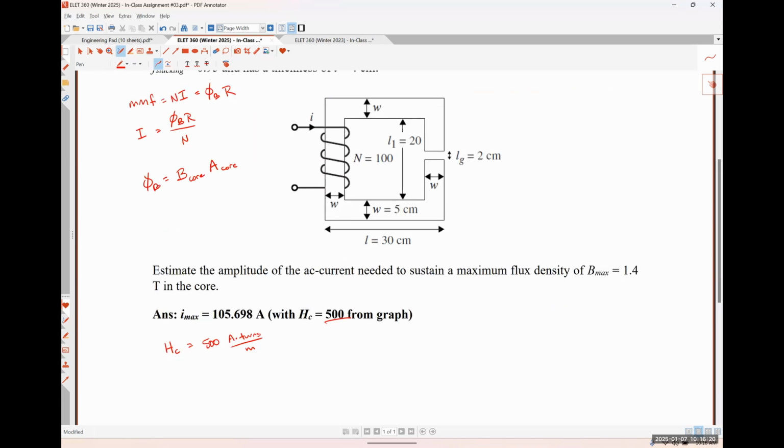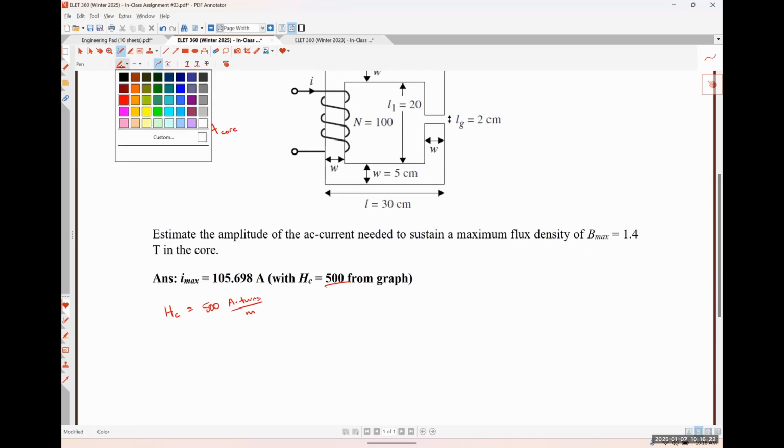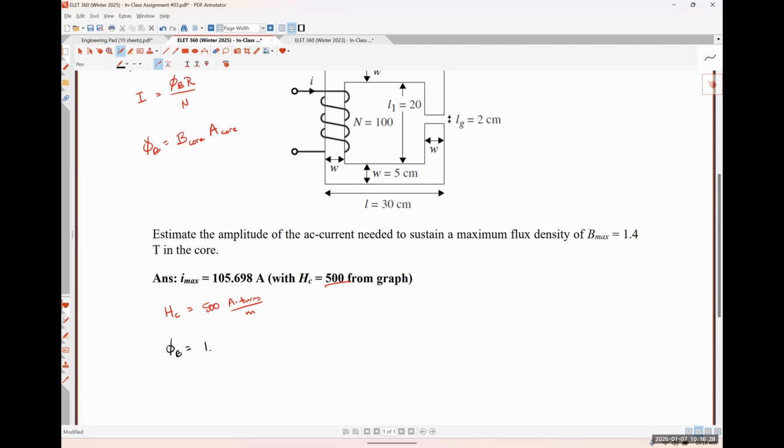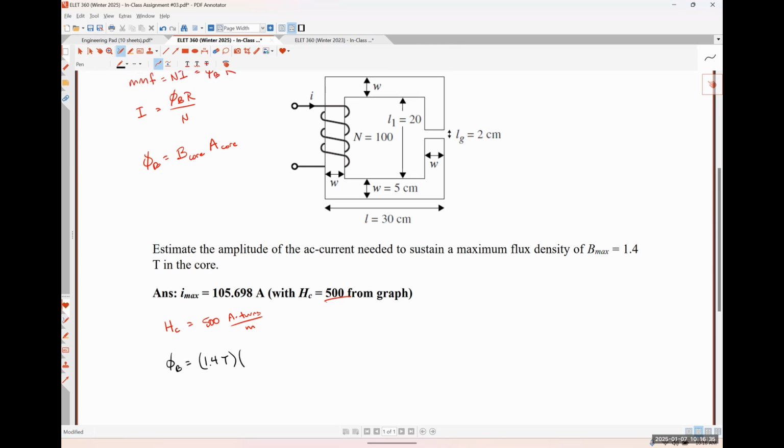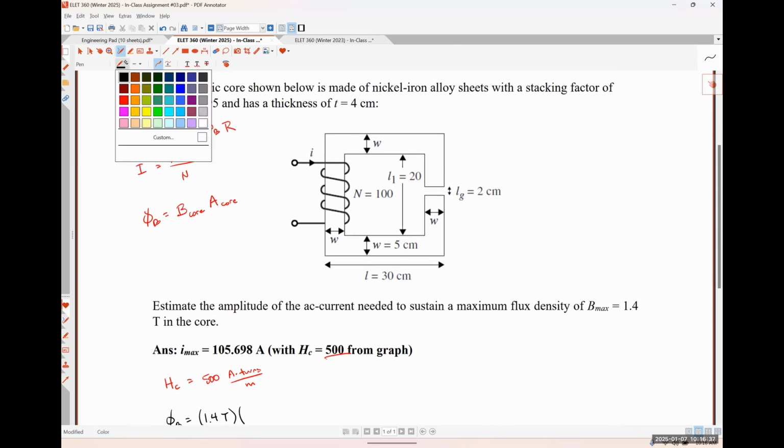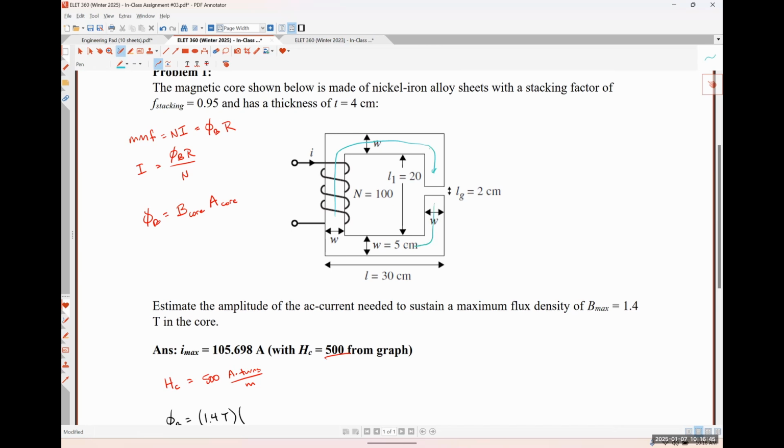So let's do that down here. Our B field was given to us as 1.4 Tesla. And then our area, so our flux path, if I just draw our flux circulating around this thing, and I'm going to assume it's going in this direction, like so.